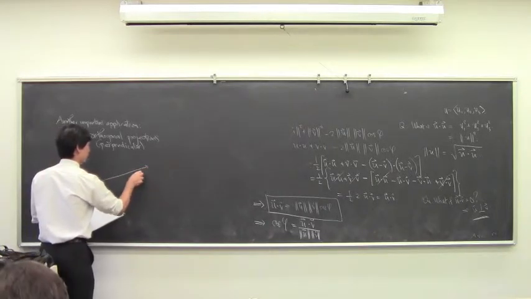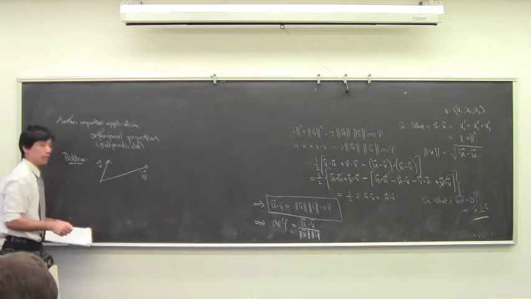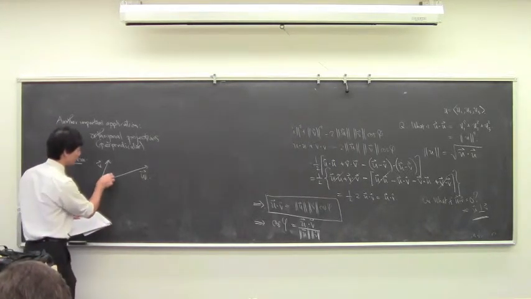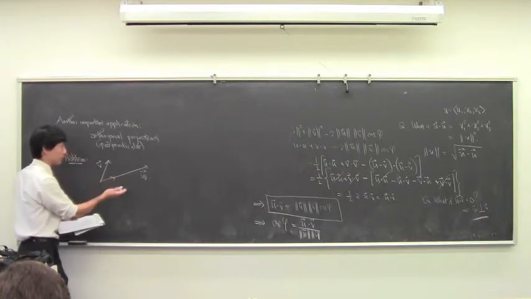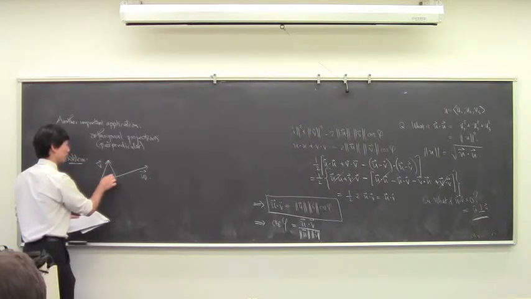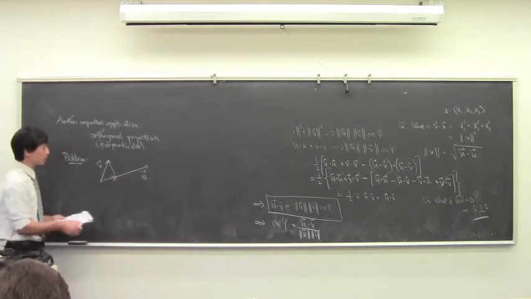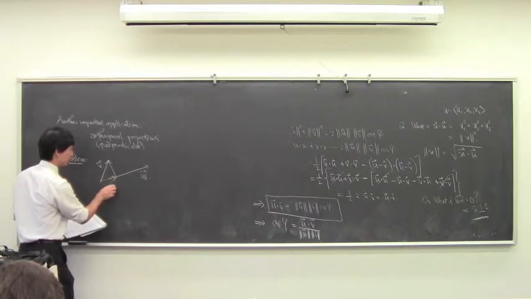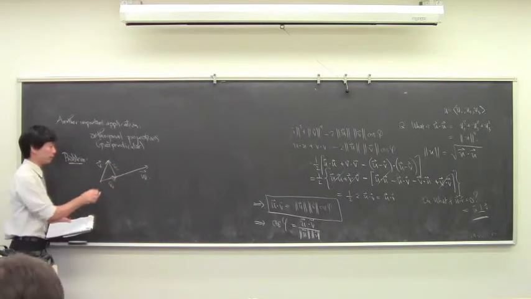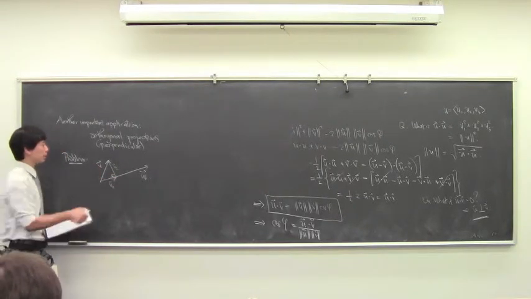You have one vector, W, you have another vector, V, and you'd like to split V up into a part that is parallel to W and a part that is perpendicular.